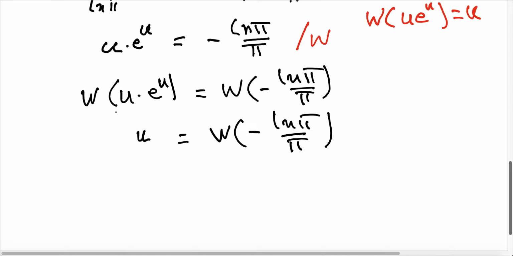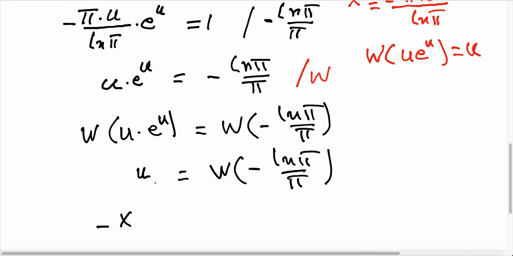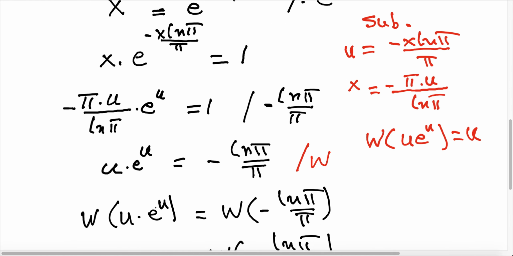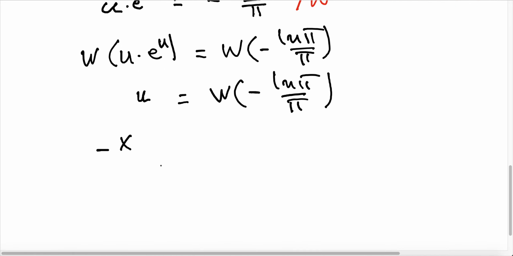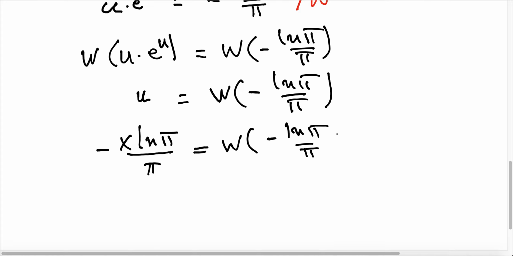So it is minus x ln pi over pi is equal to the Lambert function of minus ln pi over pi.